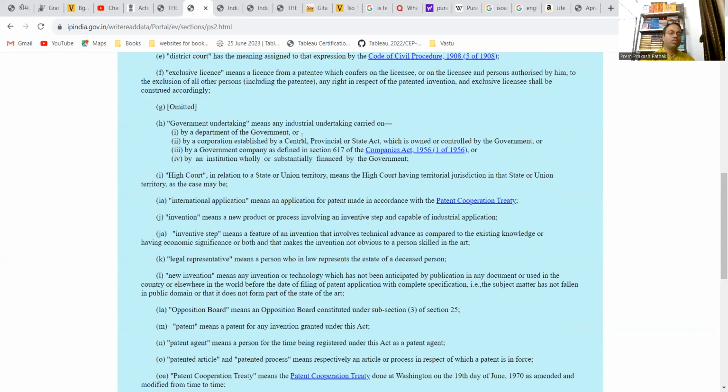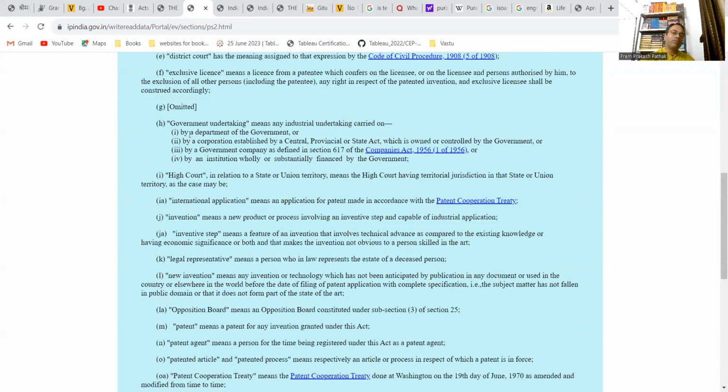So which are included? I think in one exam, this was also asked. A department of government, or a corporation established by central, provincial, or state act, which is owned or controlled by government. So this is very important.